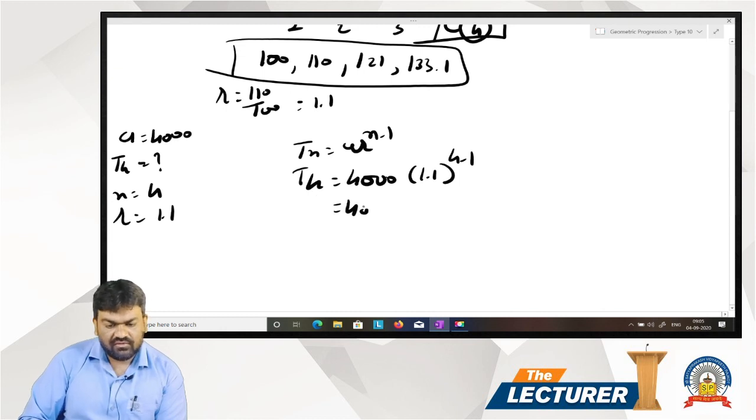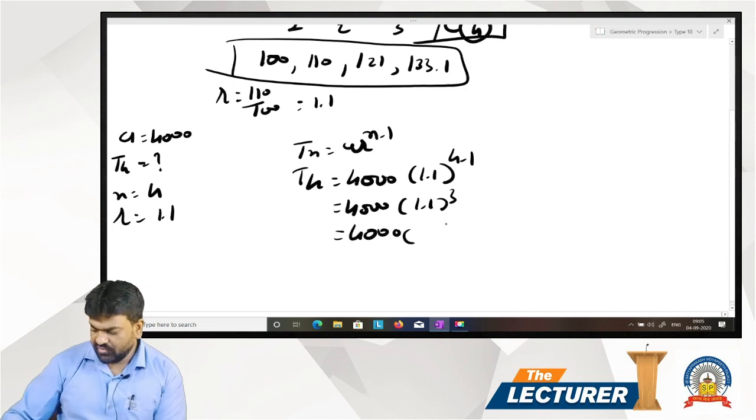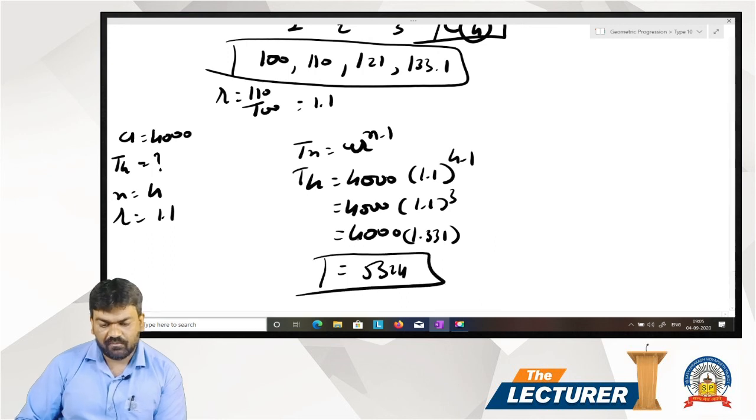So 4,000 times 1.1 raised to 3, that is 1.331, multiplied by 4,000, that is 5324. This is the cost for the customer.